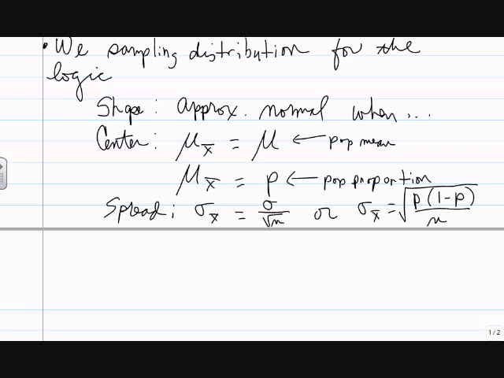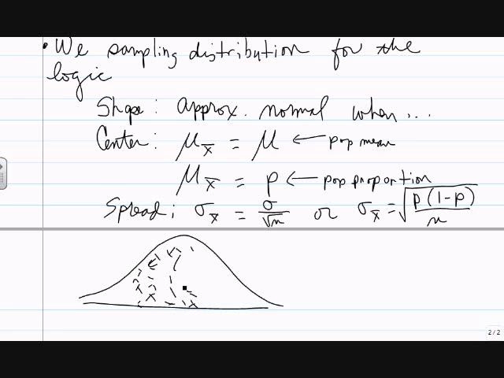Okay, now here's where the logic of the sampling distribution comes in. Your sampling distribution contains all possible samples. It's got samples out the yin yang. It's got millions and millions of samples.